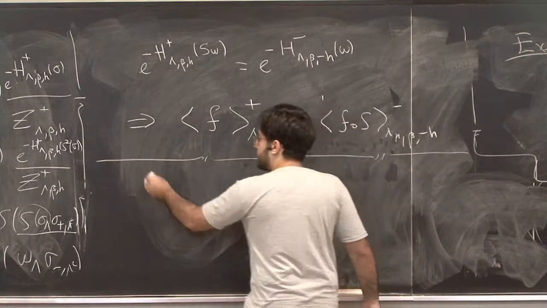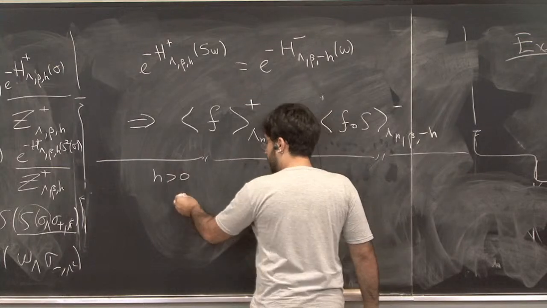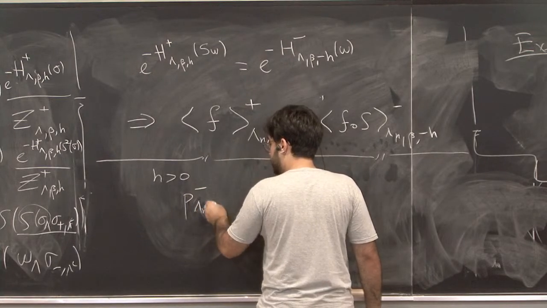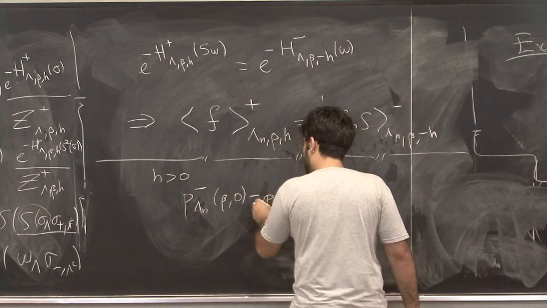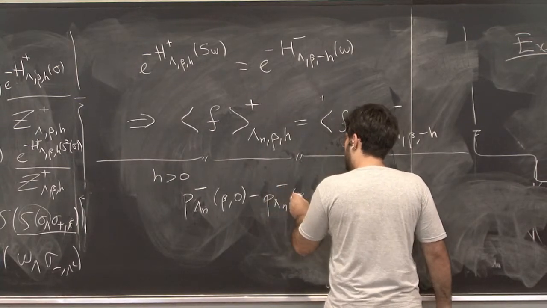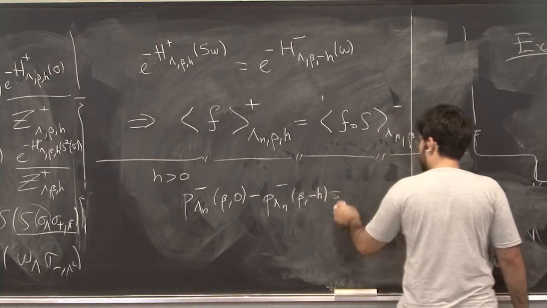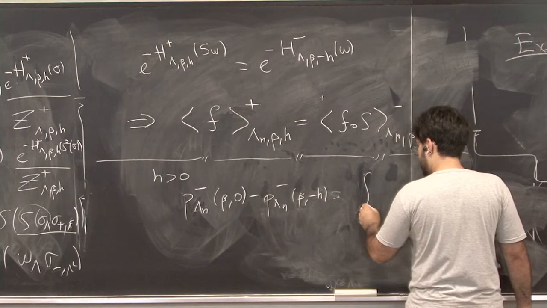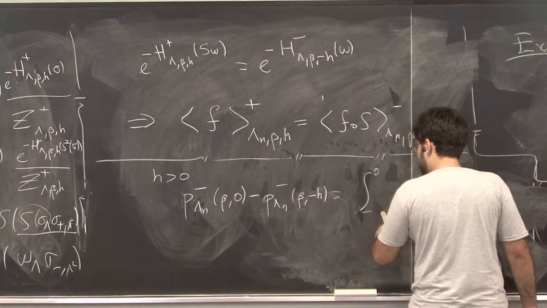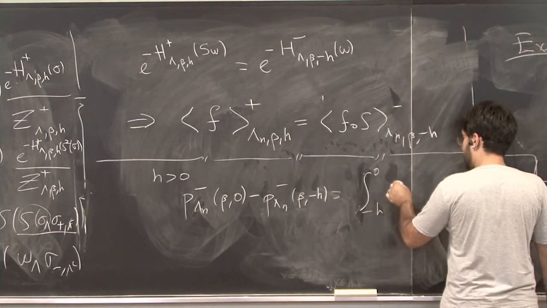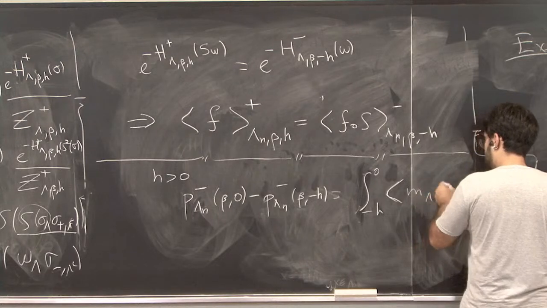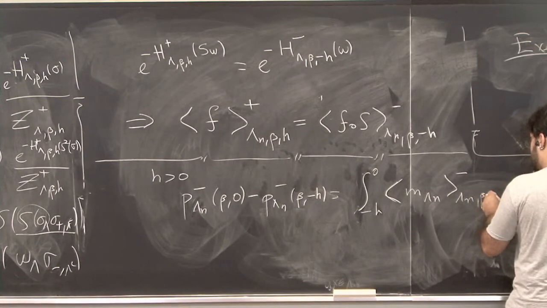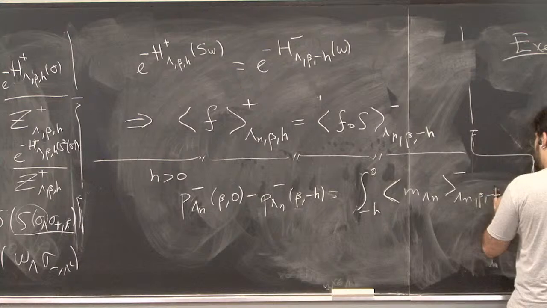So consider H a positive number, and I can write the local pressure with the minus boundary condition between 0 and minus H as being the integral from 0 to minus H of the mean of Lambda n minus beta minus H minus t, actually, dt.